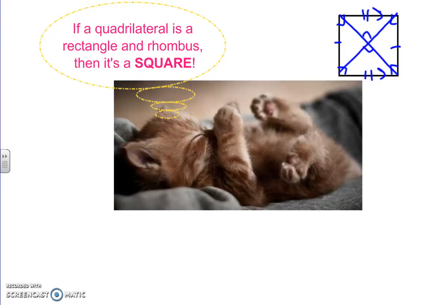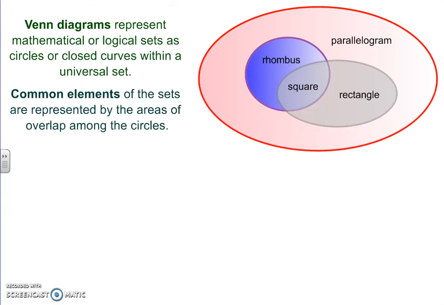So there's a lot of features there. What you could do to organize this is set it up in a Venn diagram. The parallelogram is a big category because it has components, and within that, the rhombus and rectangle, when they share those characteristics, then you have the square.